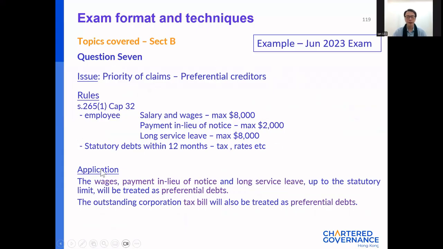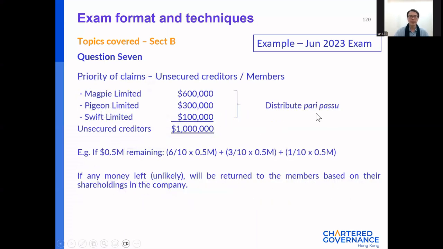And preferential creditors, we also covered this before, so that's why you can see they are preferential debts if it is the wages of the employees up to 8,000 per employee, and then statutory debts within the 12 months, it will be unpaid tax or rates that will be treated as preferential creditors as well. And then you can see the amount of unsecured creditors is the three of them.